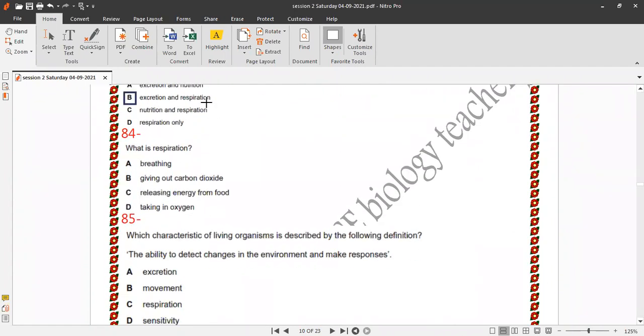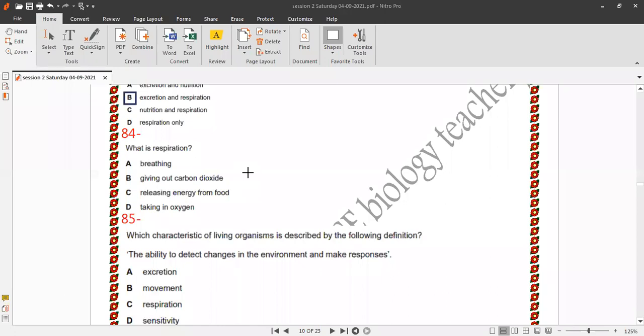What is respiration? Anas, what is respiration here? Respiration is the taking in of oxygen.